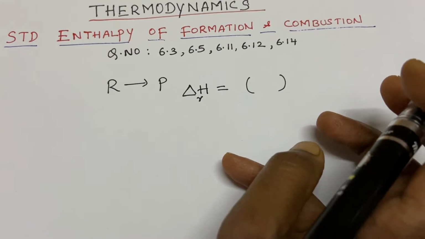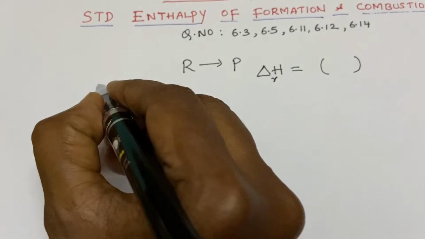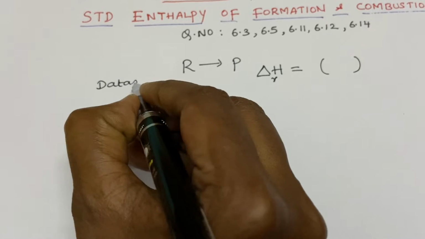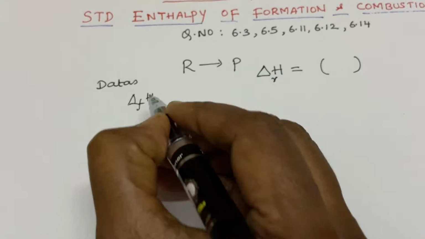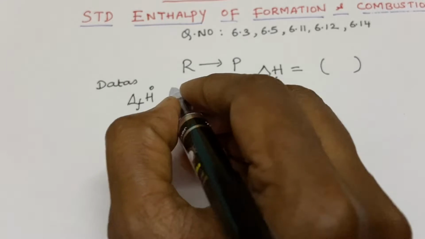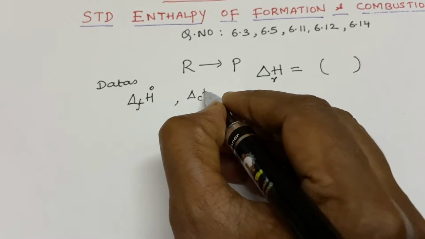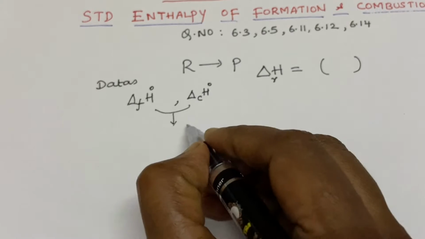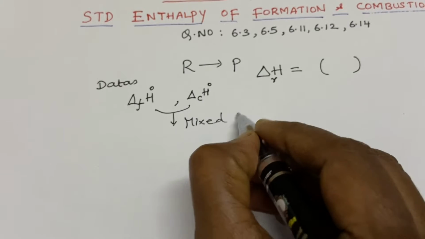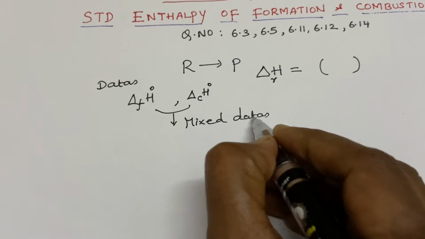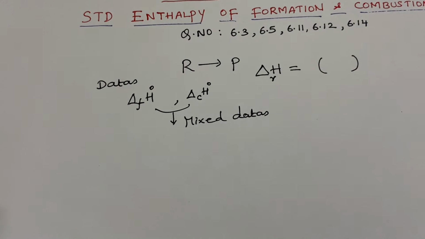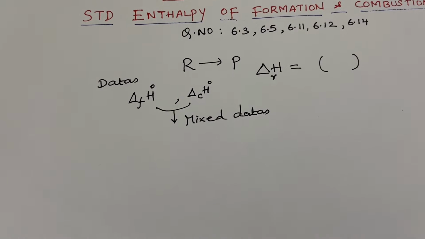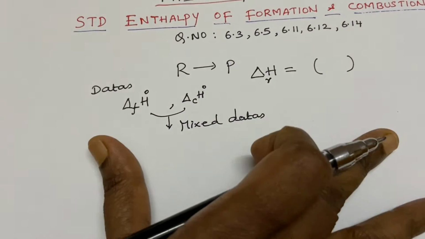Sometimes they will give standard enthalpy of formation data, or enthalpy of combustion data, or sometimes mixed data. If you know this trick and the formula, this is very easy and you can gain more marks from thermodynamics because most of the questions will be taken from this section only.